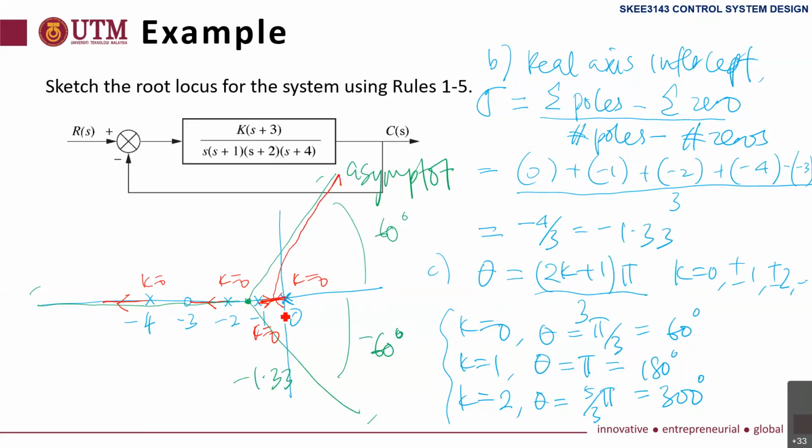And here also. Ideally, at infinity, it will reach the asymptote line, the straight line. And this one also will follow 180 degrees. This is the use of the asymptote.